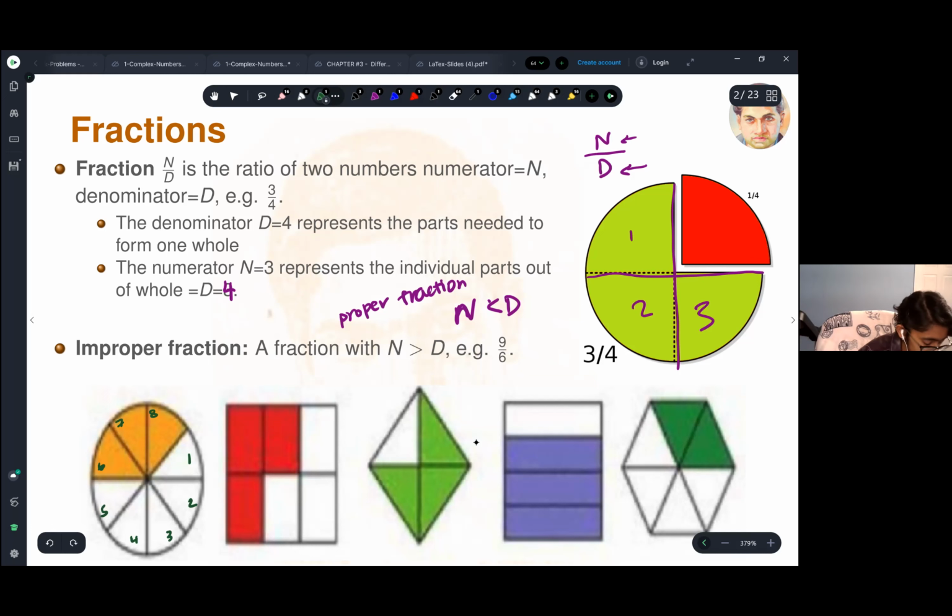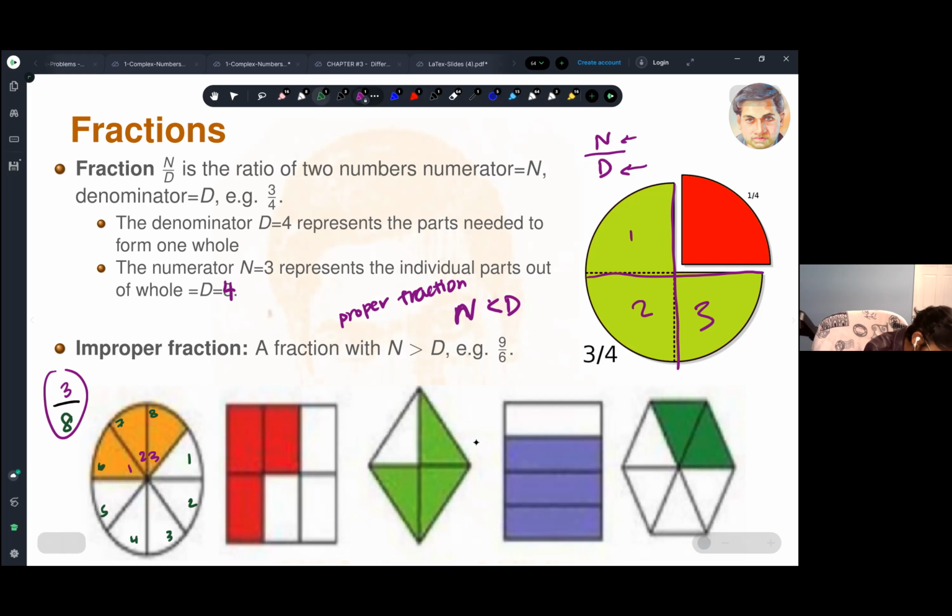So there's 8 total parts, and we put that in the denominator, d, on the bottom. Then we count how many are shaded. It's 1, 2, and 3. Putting that on the top, this is 3/8.